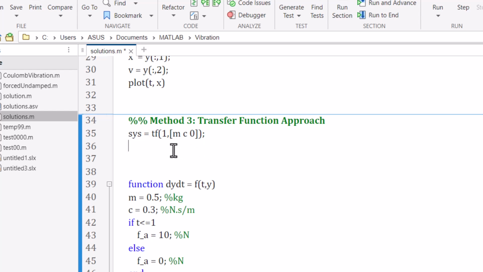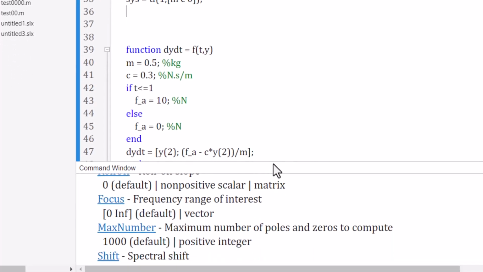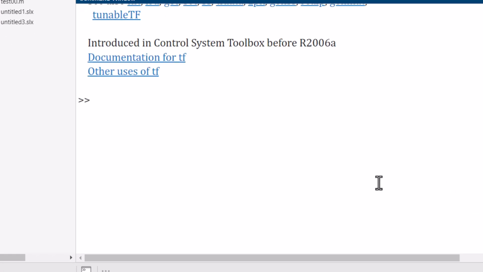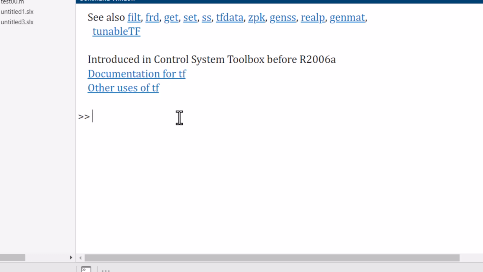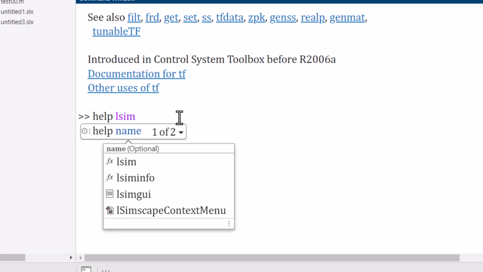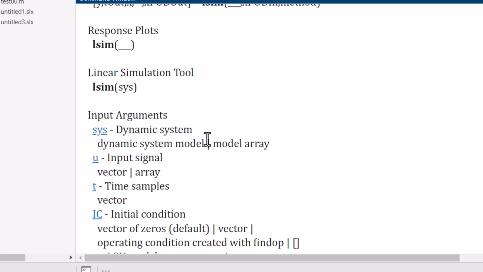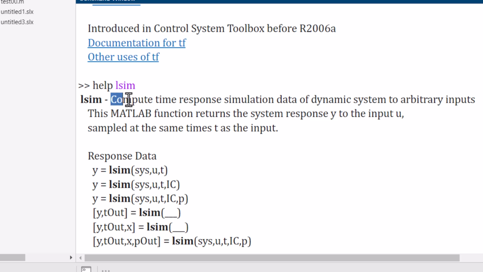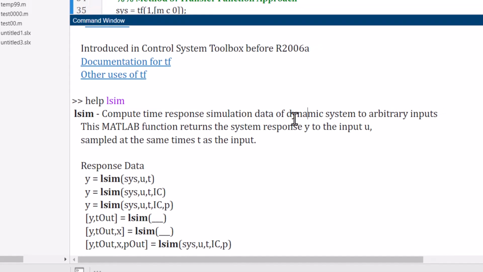And in order to solve the response of this transfer function to our force, I have to use a function named lsim. And this function computes the time response simulation of a dynamic system to arbitrary input.